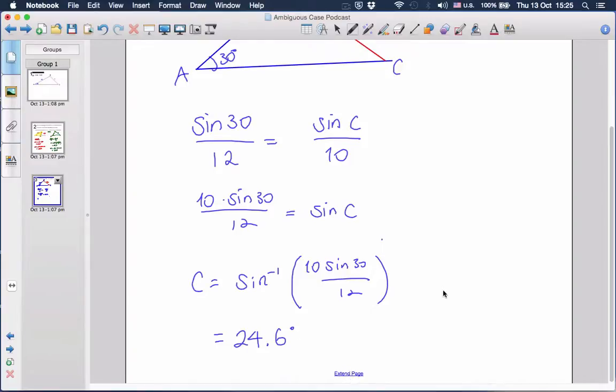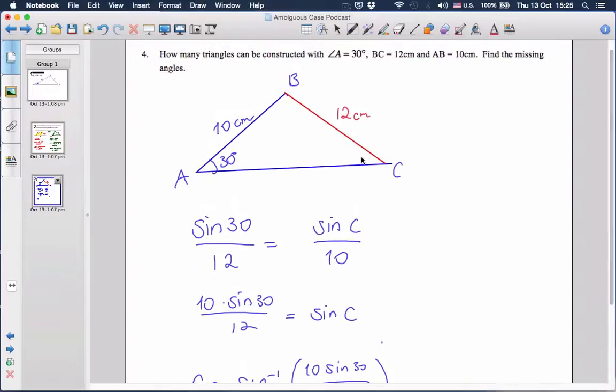And then angle B, then, this is 24.6 degrees. That third angle has got to be whatever makes it add up to 180, right?